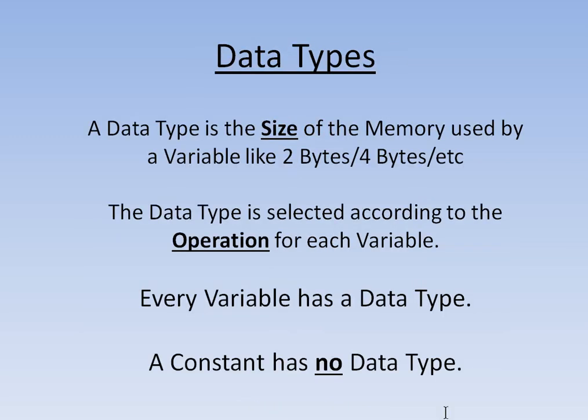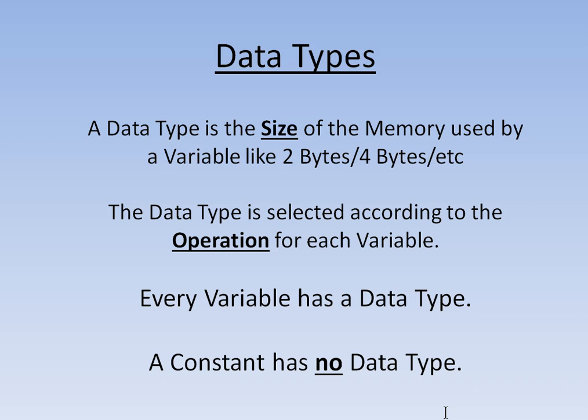Let us look at data types. A data type is the size of the memory used by a variable, like 2 bytes, 4 bytes, etc. The data type is selected according to the operation for each variable. Let us take the age of a person. It has to be one data type called integer.